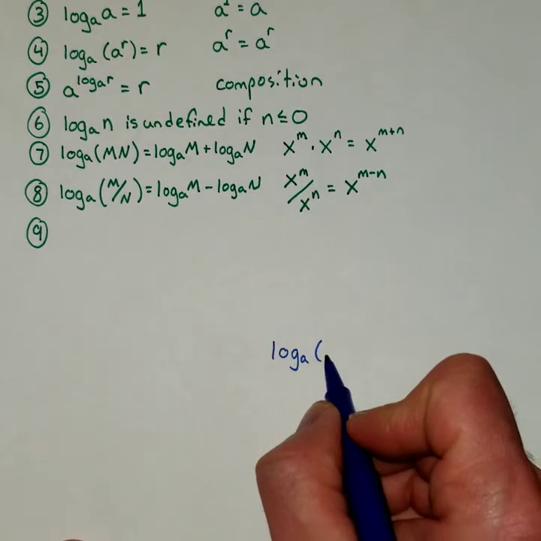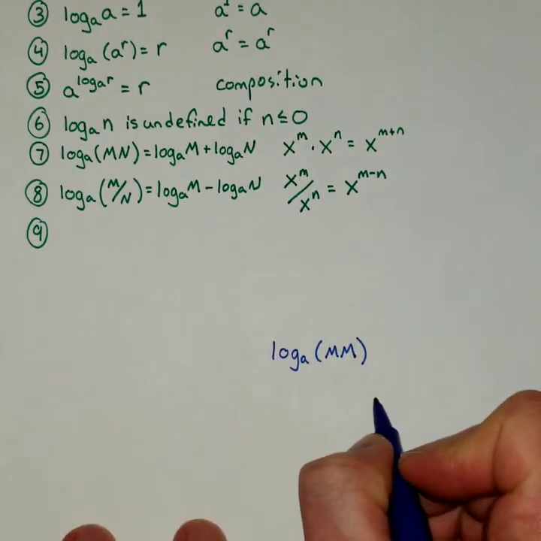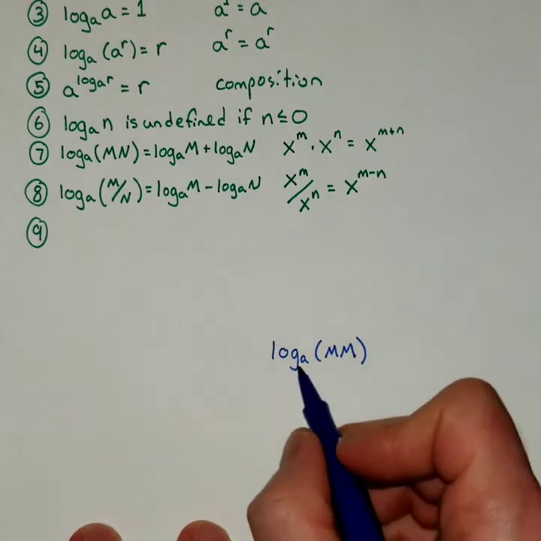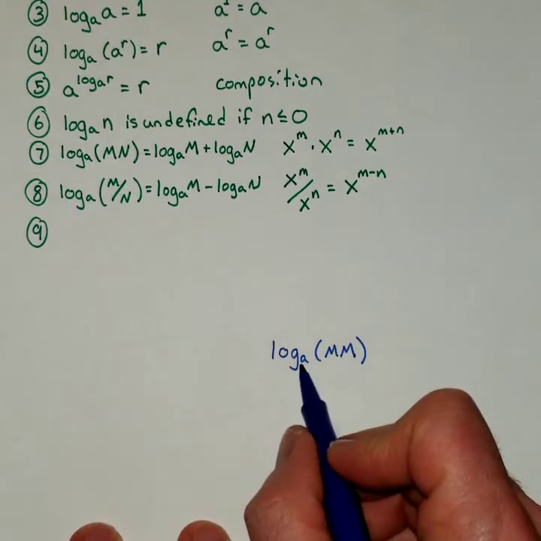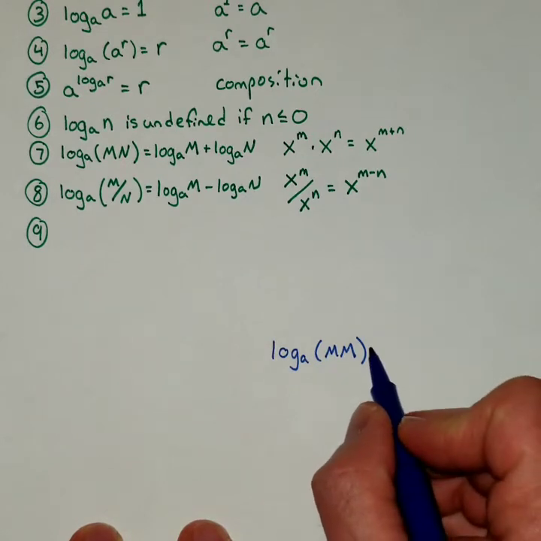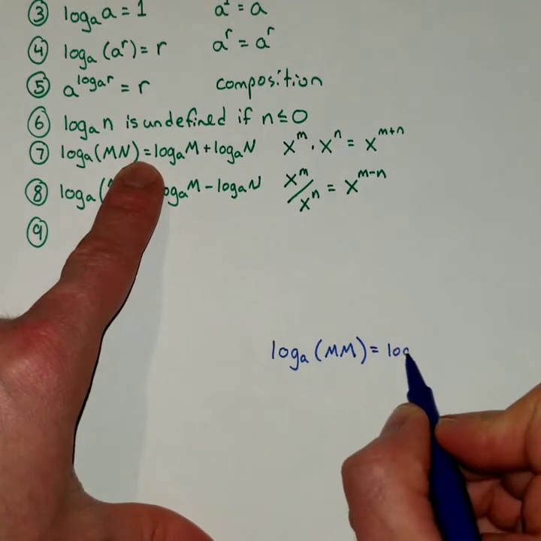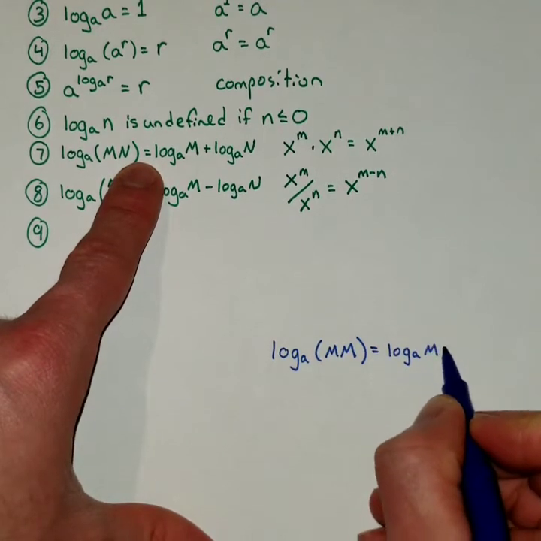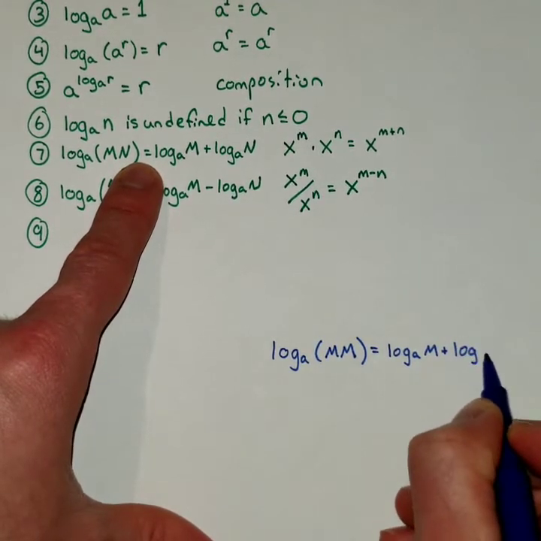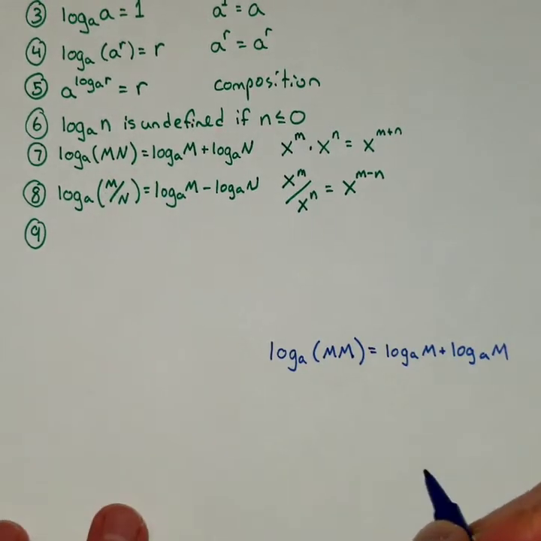Let's use M. Let's do M and M. Sounds like a candy. Log base A of M and M. Well, we know by property number 7 that is log base A of M plus log base A of M, right? I split it up.